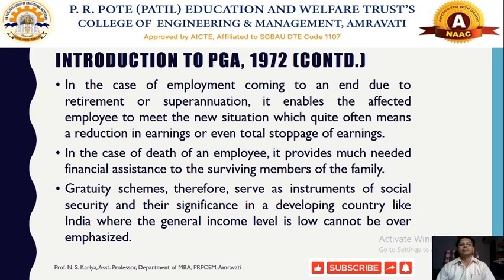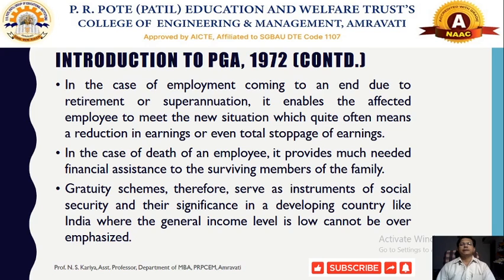The employee could not earn after retirement, or there may be a total stoppage of earnings. So it is necessary to protect these employees after retirement, and this is what we focus on by means of the Payment of Gratuity Act. After retirement, life can be protected using the PGA Act 1972.